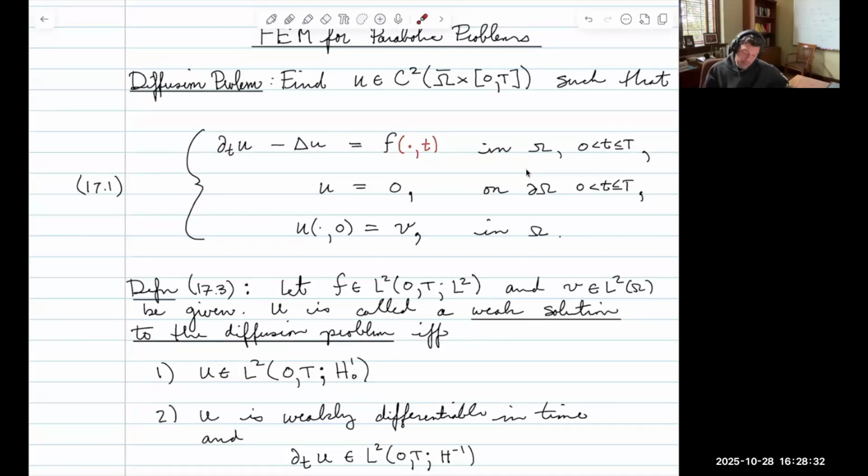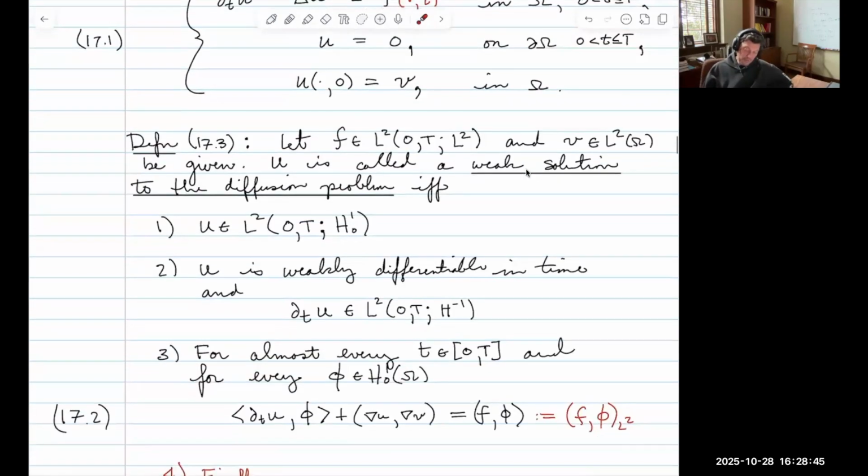You multiply by a test function, integrate this term by parts, and you get what's called a weak formulation. We discussed this last time. So a weak solution to the diffusion problem is one for which U has this class of regularity.